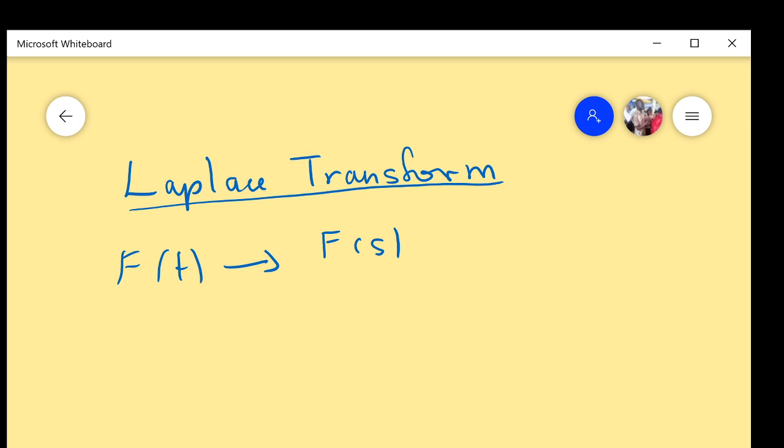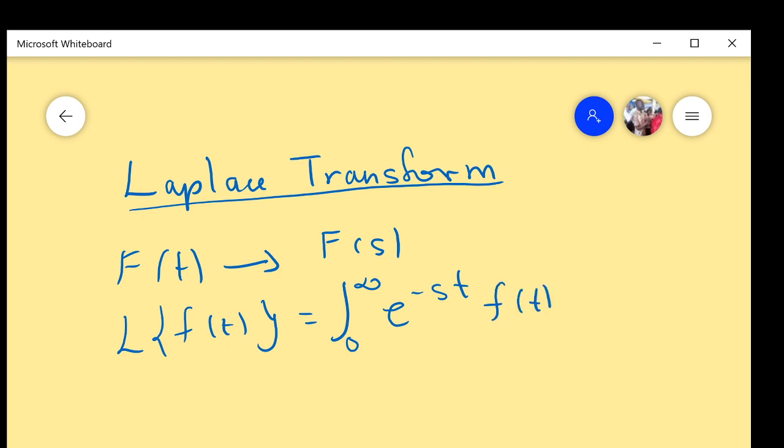We said if I have the Laplace of a function f of t, then it is equal to the proper integral from 0 to infinity of e to the power minus st, the function f of t, dt. And we made mention of some properties of this Laplace transform, and we started looking at examples.